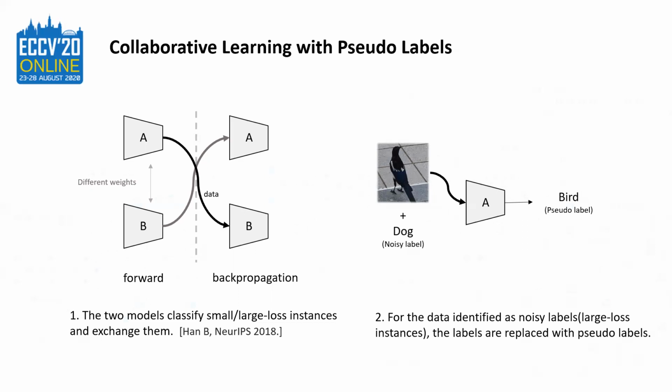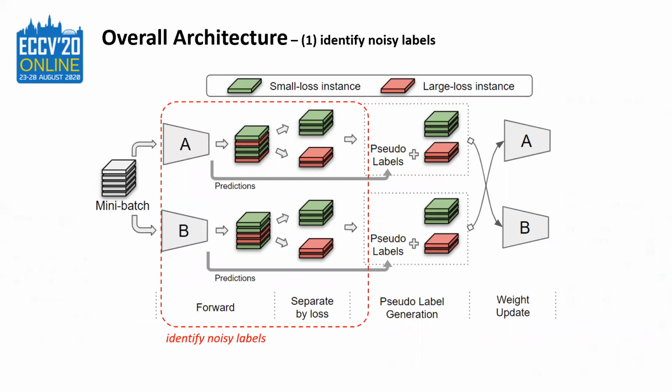The pseudo labels are predicted results of the models, and the models predict and assign pseudo labels by themselves based on the knowledge they have learned about small loss instances. So next, the overall training process is as follows.